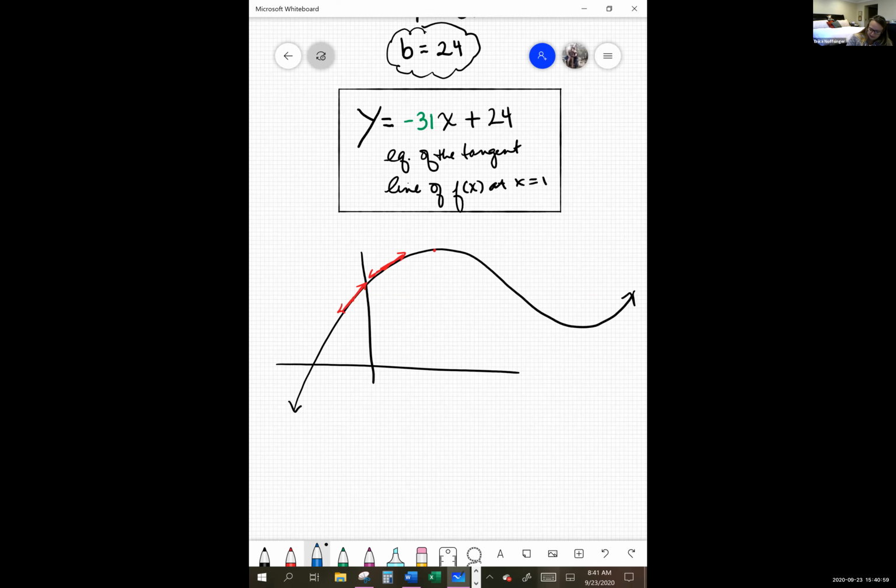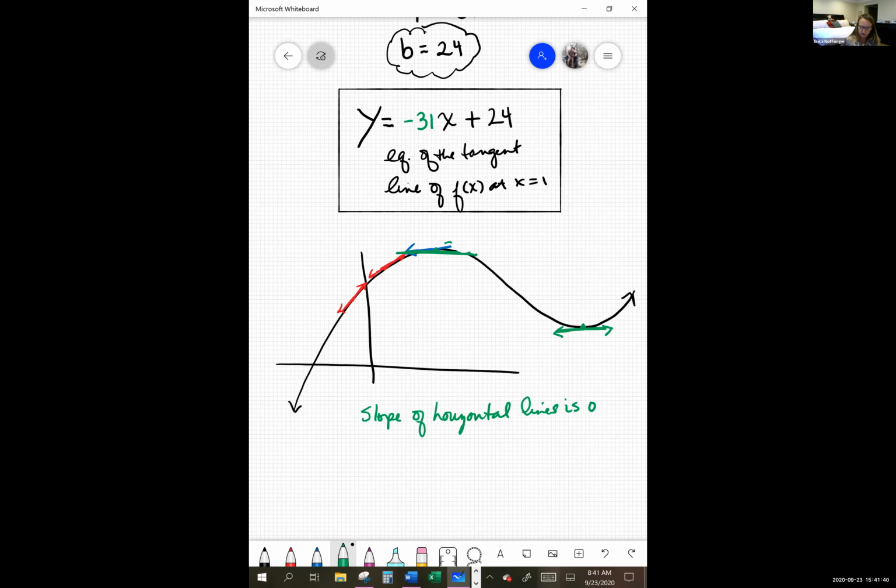And so the slope of horizontal lines is 0. So if we can find when the derivative is equal to 0, it will help us with techniques to find if that's a max or a min value at that point, and then we can use it.